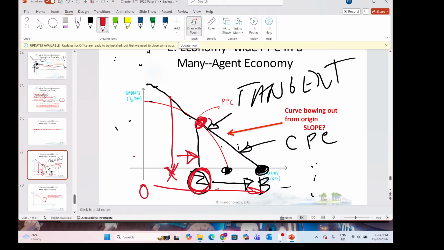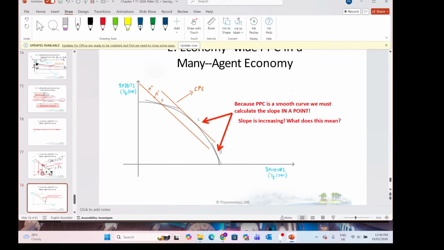So that's how we treat our consumption possibility curve, and what we do with it relative to trading with the rest of the world.